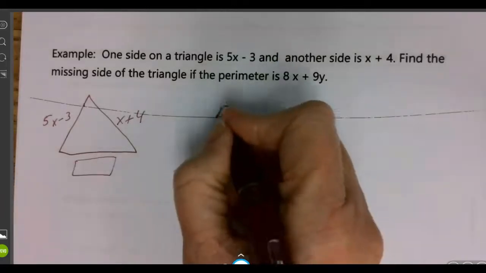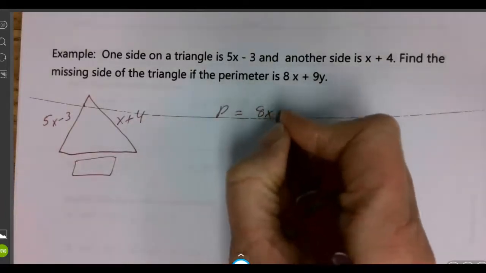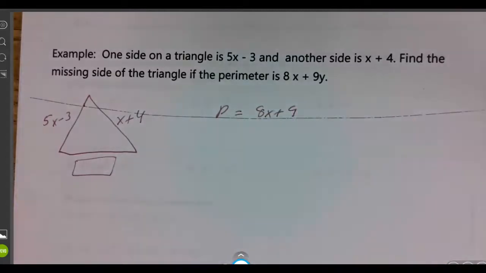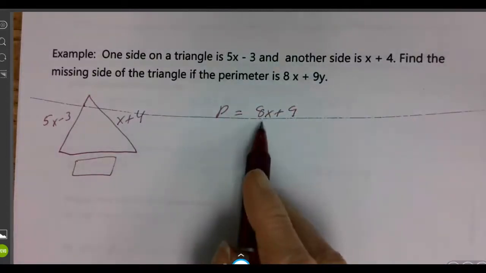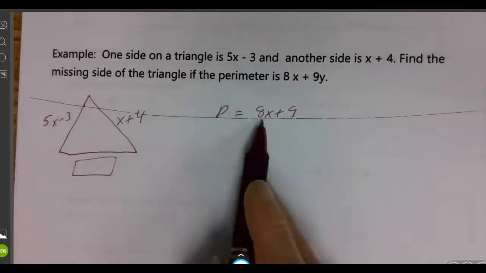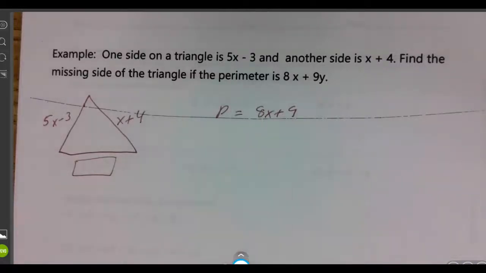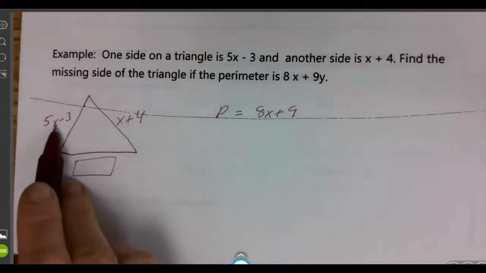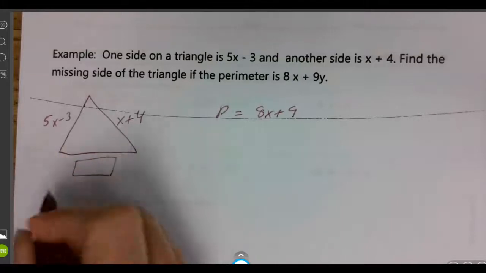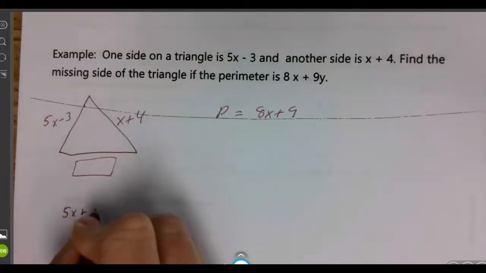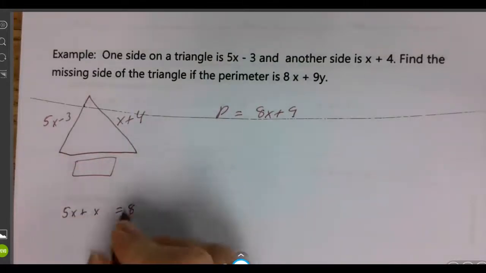Well, we know that the perimeter is equal to 8x plus 9. So basically what we're doing is we're going to look at all of our x's, and we have to come up with an 8x. If I were you, I'd just do this one logically. I can show you mathematically how you can do it in just a second. But look, 5x plus 1x has to equal 8x.